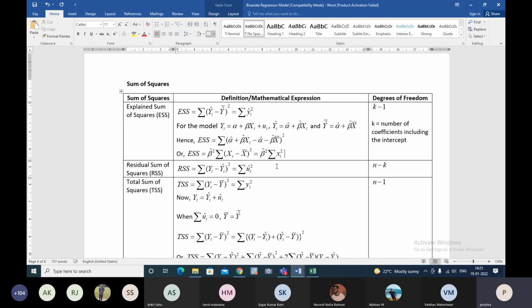I have collected data on, say, their consumption expenditure and their income. Now, for these 100 sample households, there would be an average income, and individual household income will be deviating from that average income.